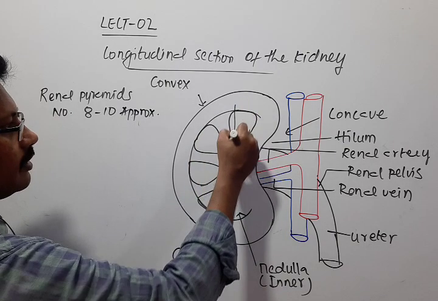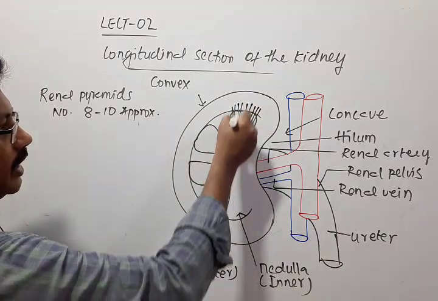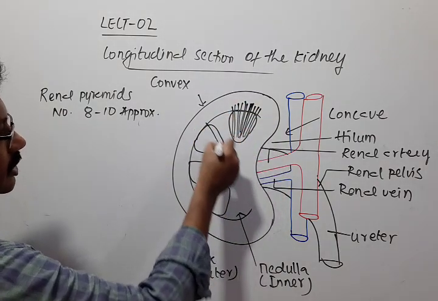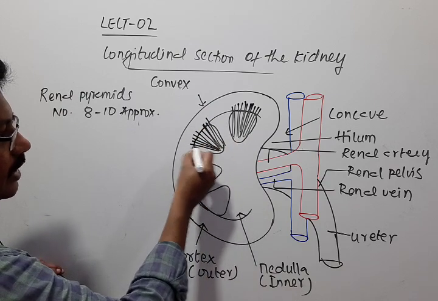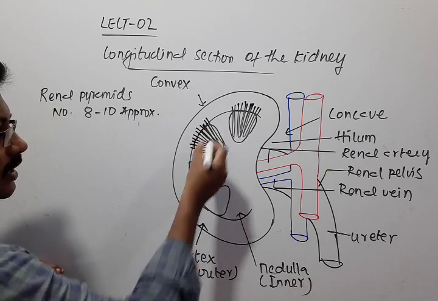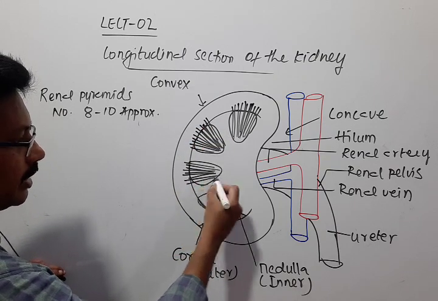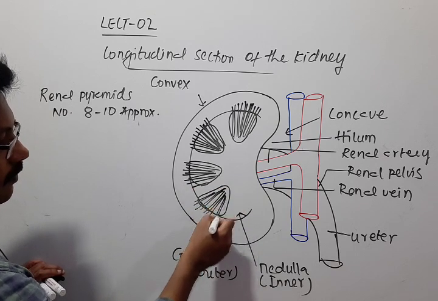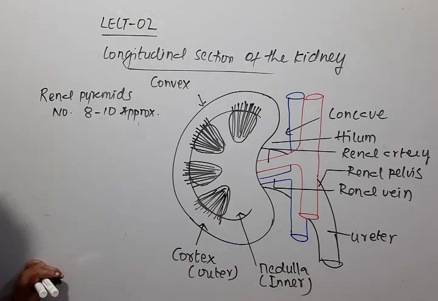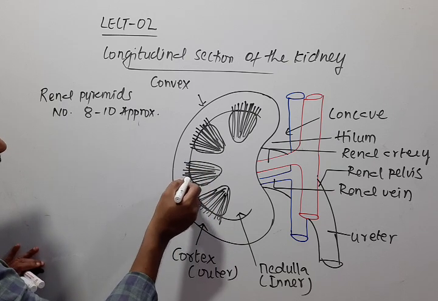And actually these renal pyramids are the collections of the structural and functional units of the kidneys, that is nephrons. So you will find these lines are all actually the nephrons. And this cortex will extend between these renal pyramids.